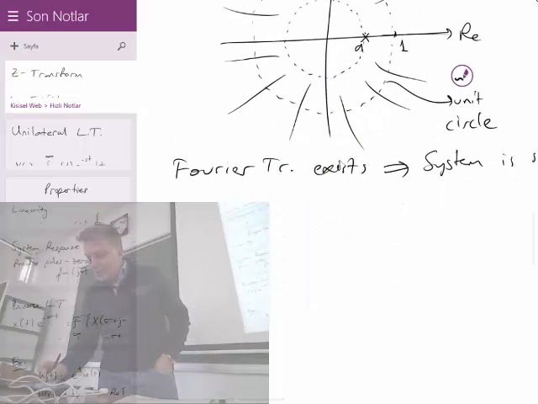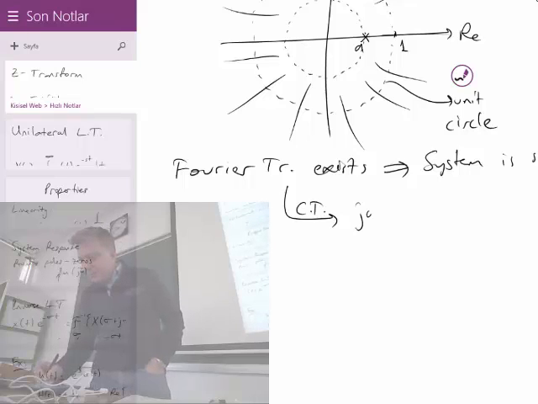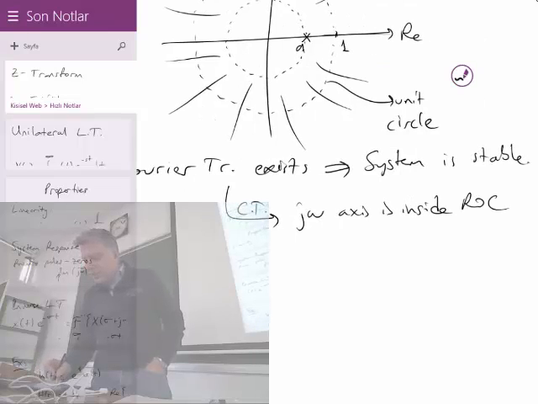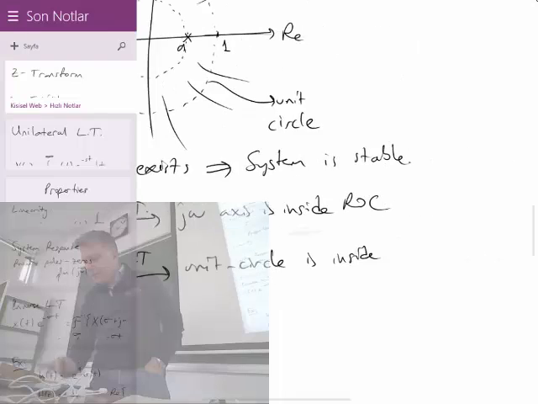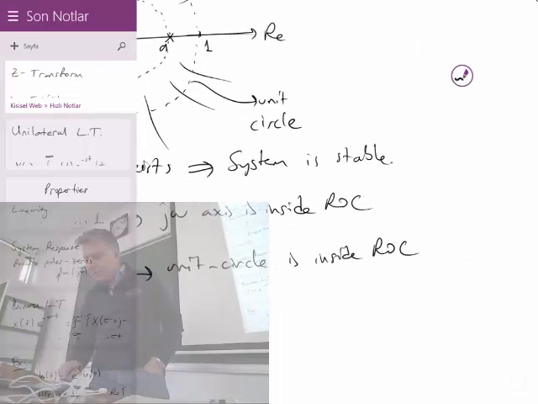So this implies two things. In continuous time, the j omega axis is inside the region of convergence. In discrete time, the unit circle is inside the region of convergence.